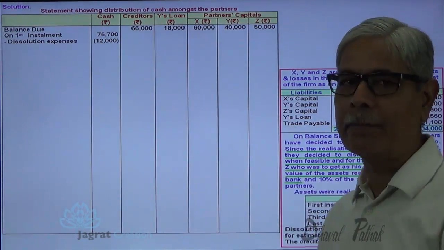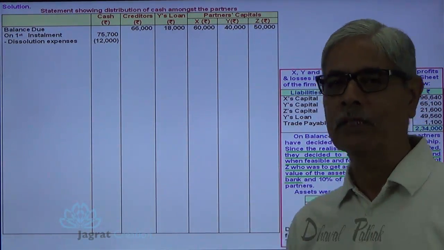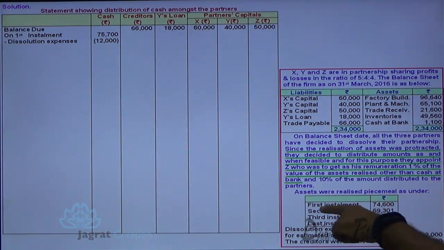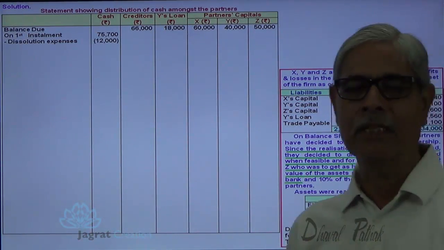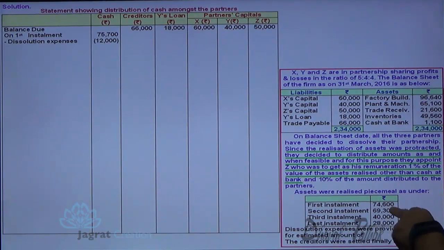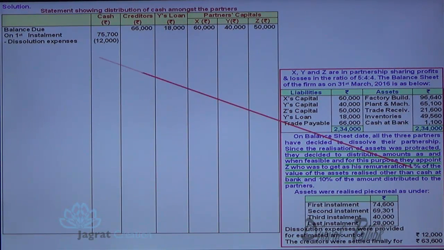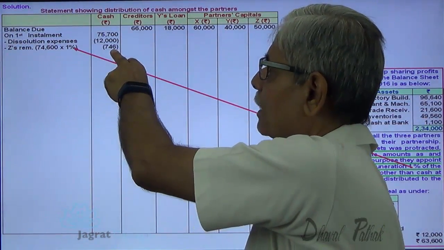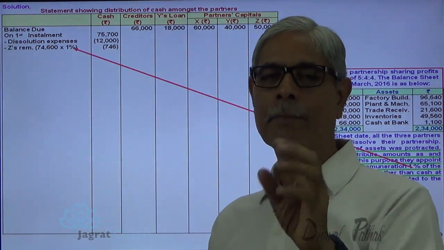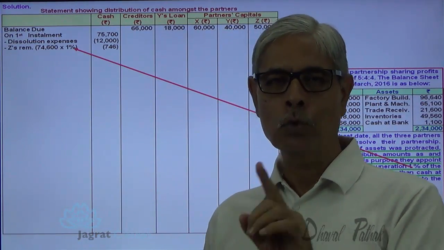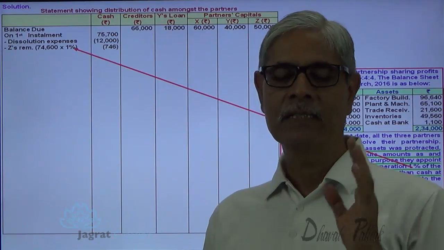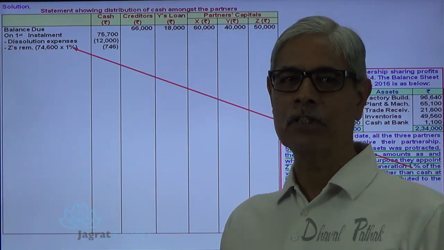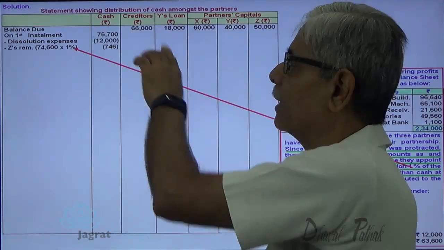This excludes cash at bank. So you can't give 1% on the cash at bank balance 1,100, but you have to pay 1% of the first installment, that is 74,600. So Z's remuneration at the rate of 1% on 74,600 is 746. This is the remuneration to be paid to Z for the efforts that he has taken to realize the first installment. So these are the payments to be deducted.